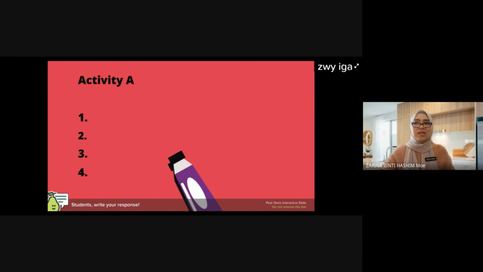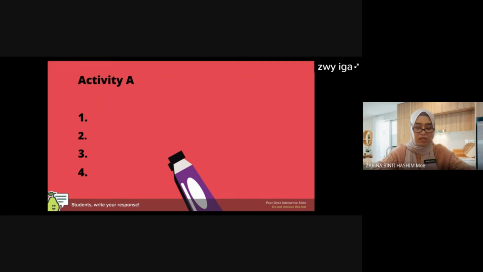Likely means it may happen, it may not happen. That means there is a condition there. So which conditional? Is it first conditional or zero conditional? For zero conditional, there is no likely at all. Definitely it will happen. So please type either zero or first.